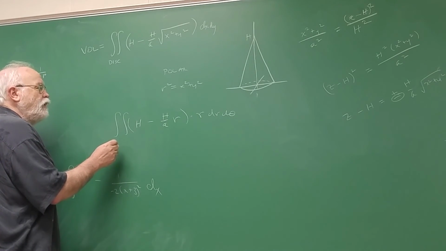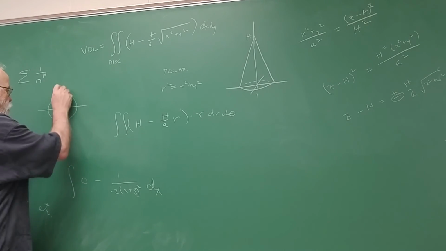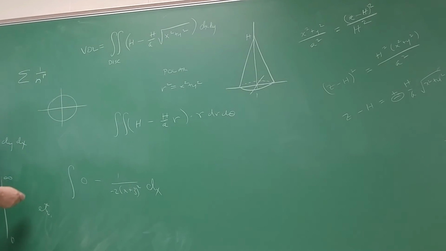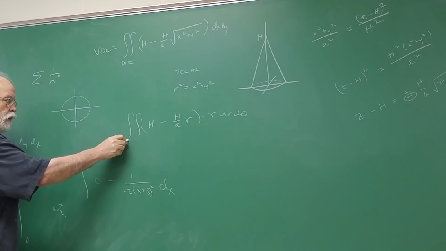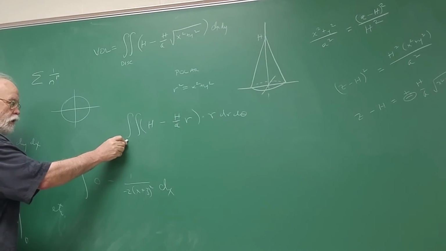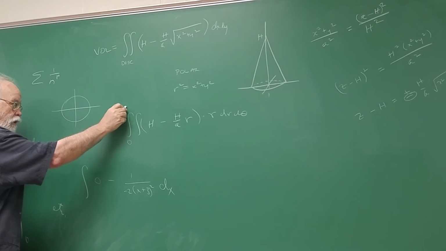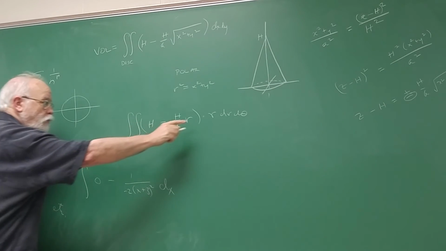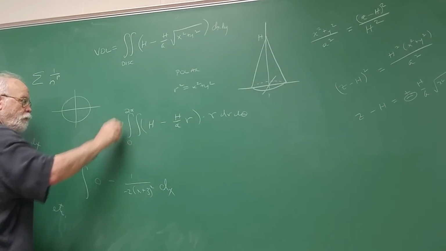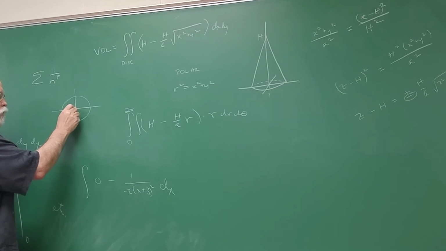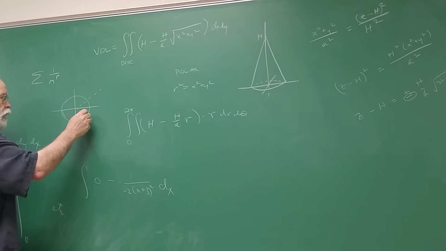Well, now let's see. That base, that's just a circle. And in polar coordinates, that circle centered at the origin, I take a typical theta coordinate between 0 and 2 pi.